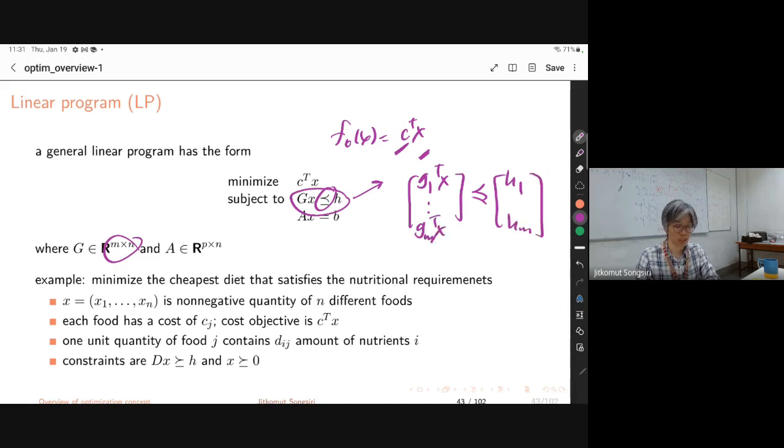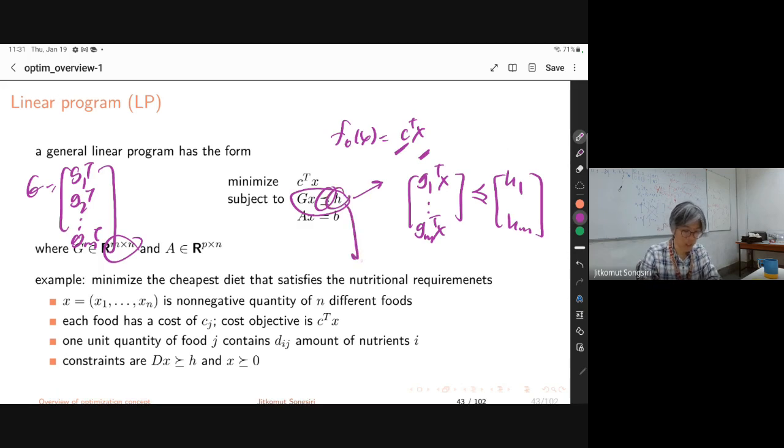Okay, by this notation, what is Gi transpose? Gi transpose is actually the ith row of G. So by the syntax, your vector h has to be a vector of m by 1. Okay, this is just to explain the notation.